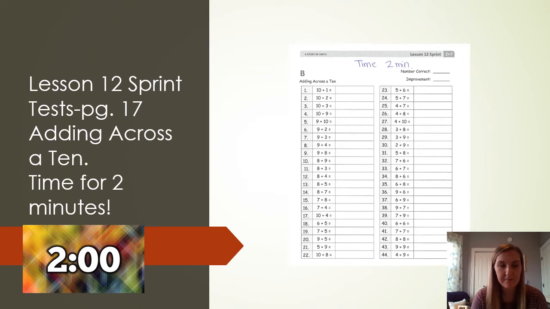Time's up. Write your number correct at the top and then figure out your improvement. So if you got 15 on the first side and 20 problems done on this side, your improvement would be +5.